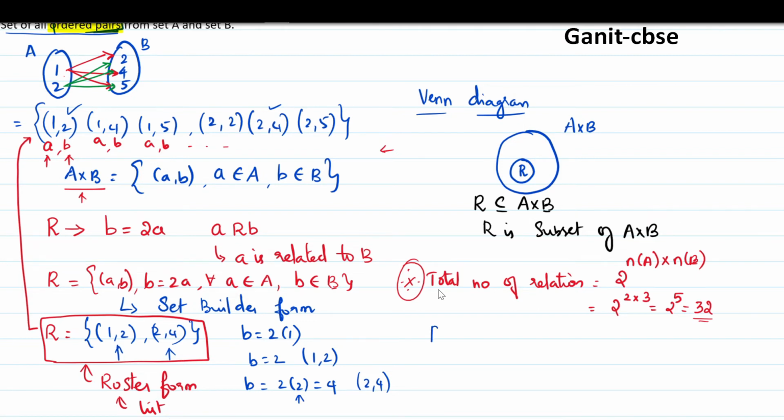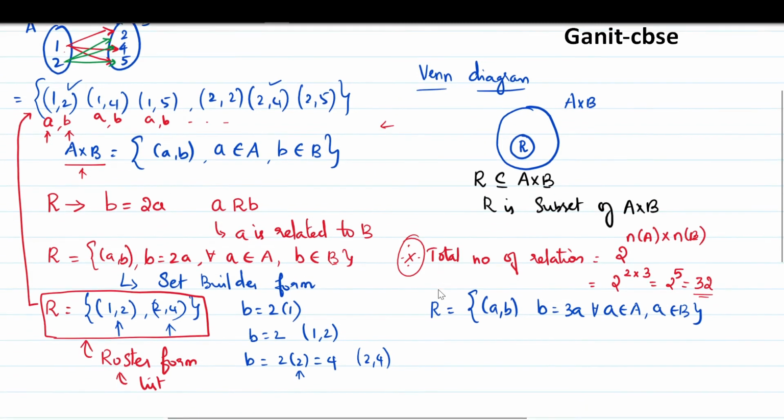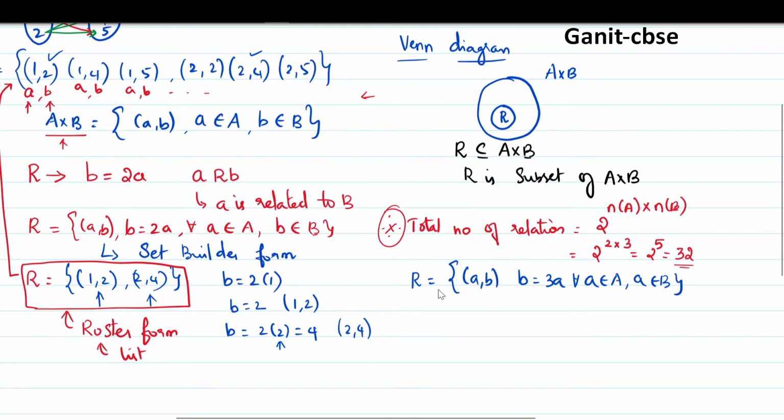One is R equal to the pairs (a, b) such that b equals 3a, for a belongs to set A and b belongs to set B. The roster form for this relation is the null set.